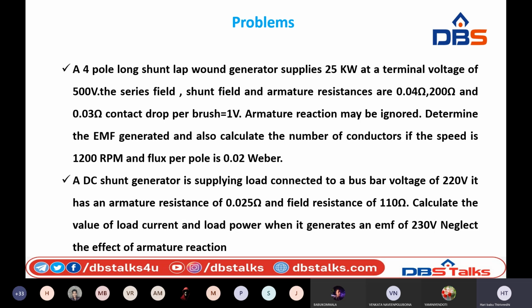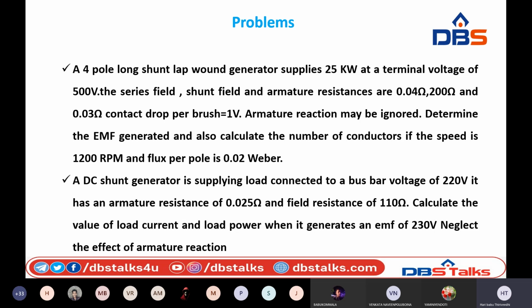Therefore, substitute all these values in the equation. Eg is equal to V plus IA RA plus brush drop.